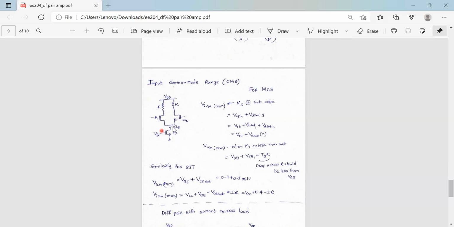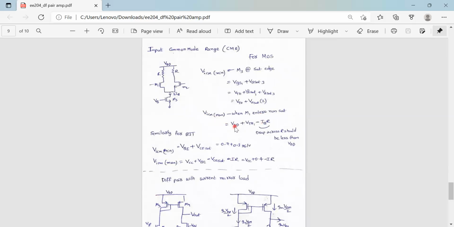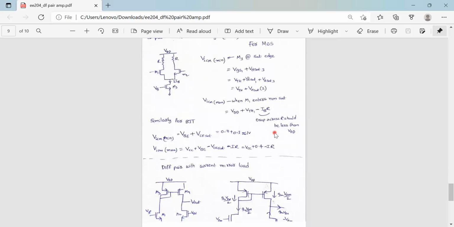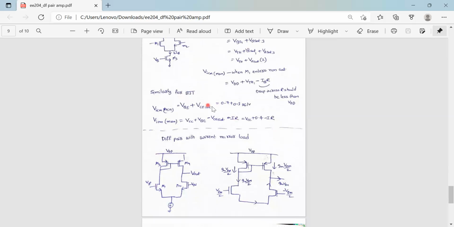At that point, we get VICM minimum, that is V threshold plus 2 times VDSAT. VICM maximum is VDD plus VTH1 minus IB into R. Similarly for BJT, we get VICM minimum as 1 volt and maximum VCC plus 0.4 minus IR.